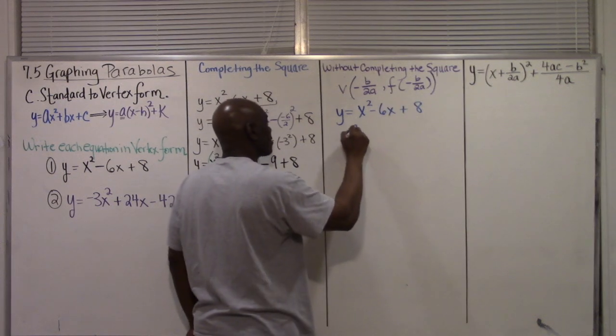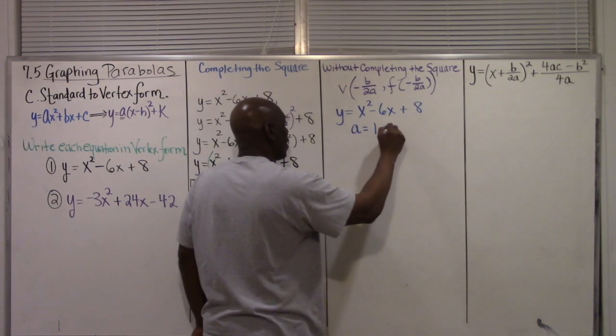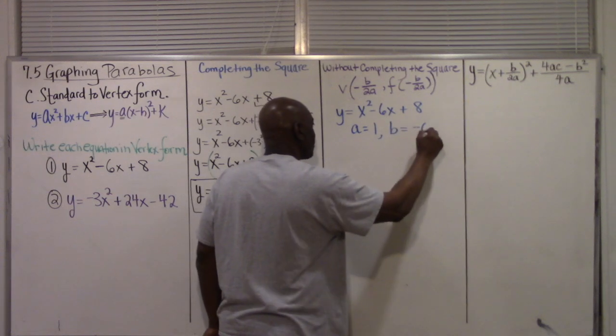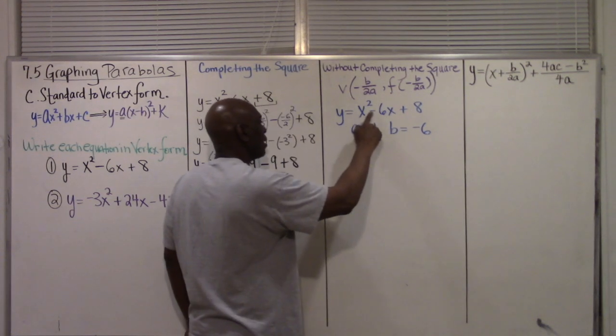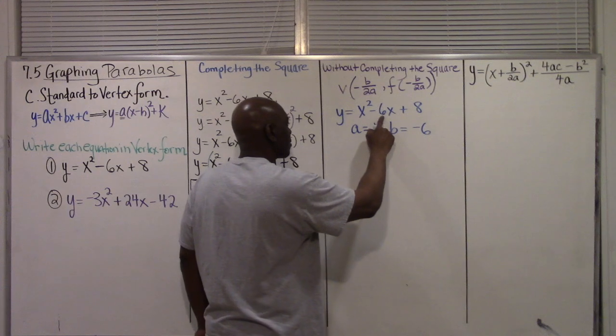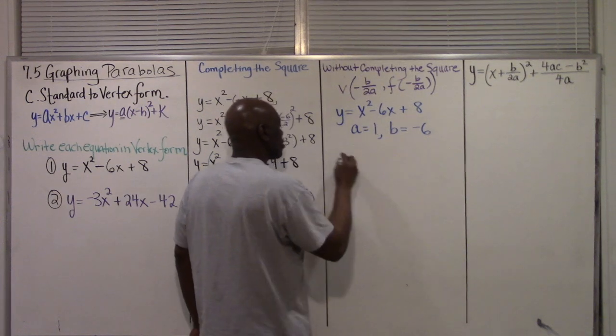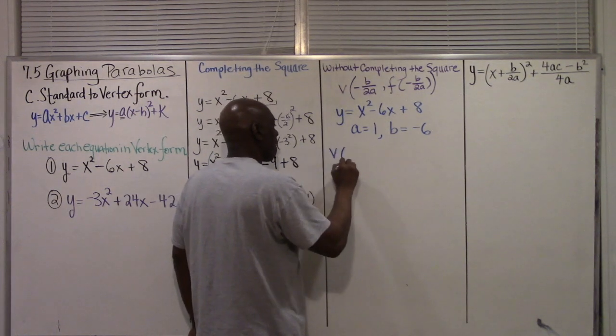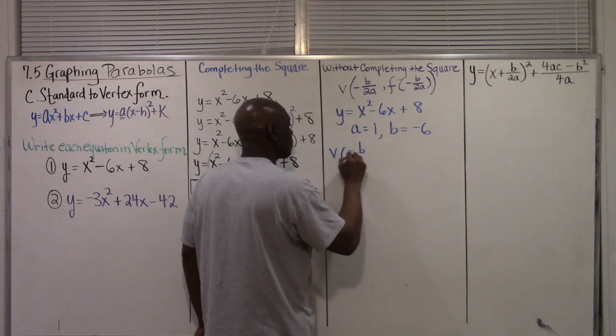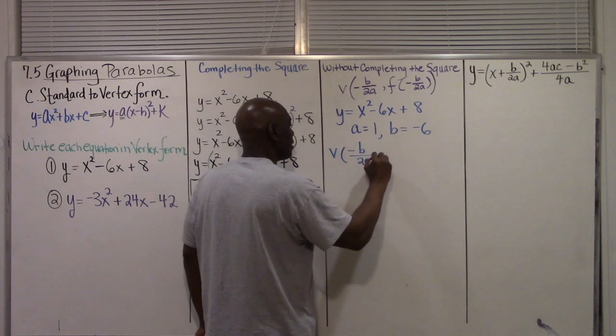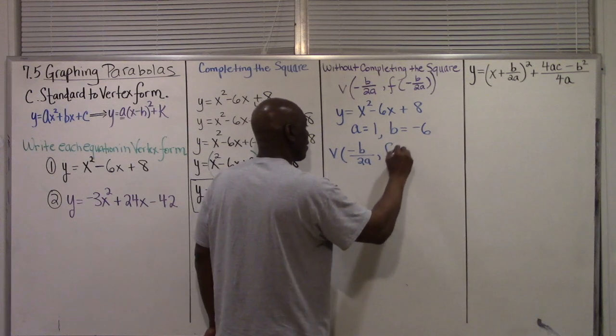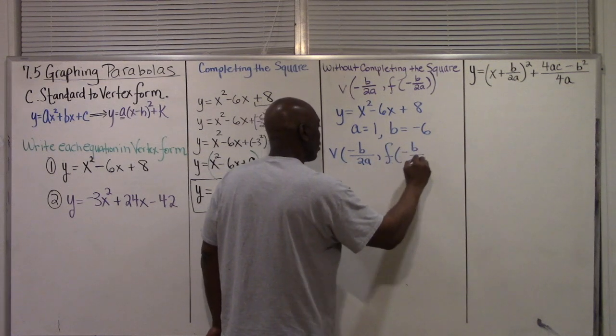What's the value of a in this case? a is 1 and b is negative 6. So the vertex is negative b over 2a, comma, f of negative b over 2a.